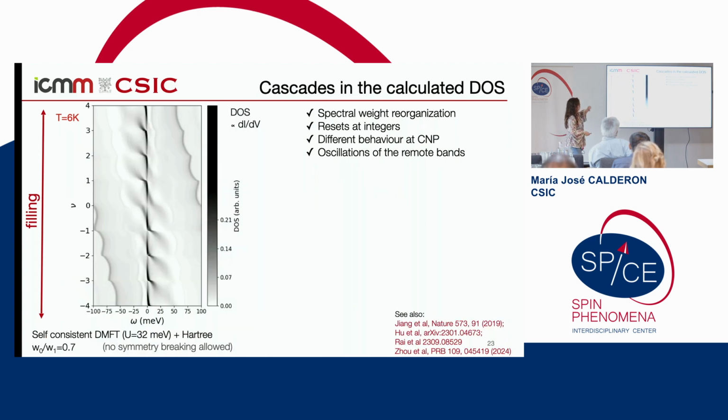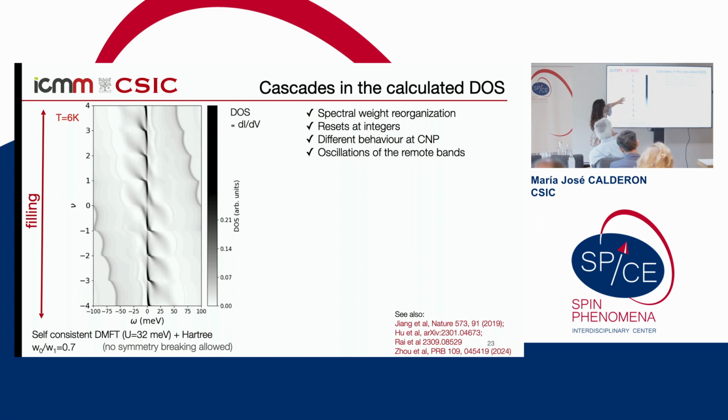So here we can see exactly the same features that were observed experimentally. We see the spectral weight reorganization. You see here these Hubbard bands forming and then moving towards the chemical potential and then resetting and going back. These are the kind of things that were observed experimentally. We also have these oscillations of the remote bands.